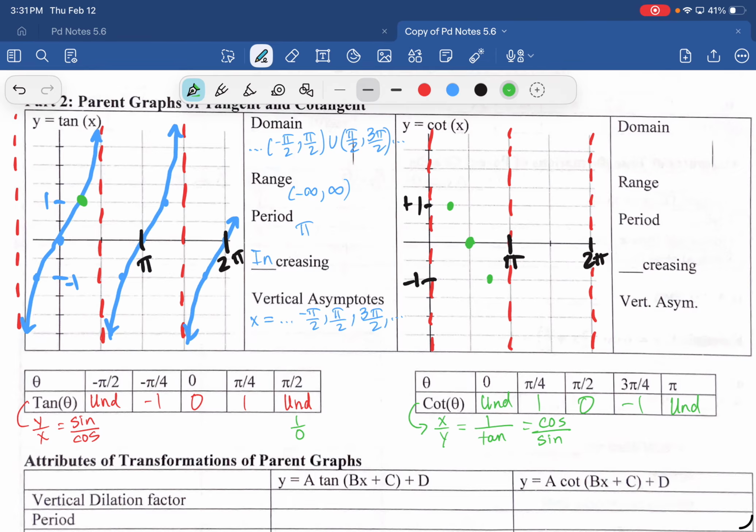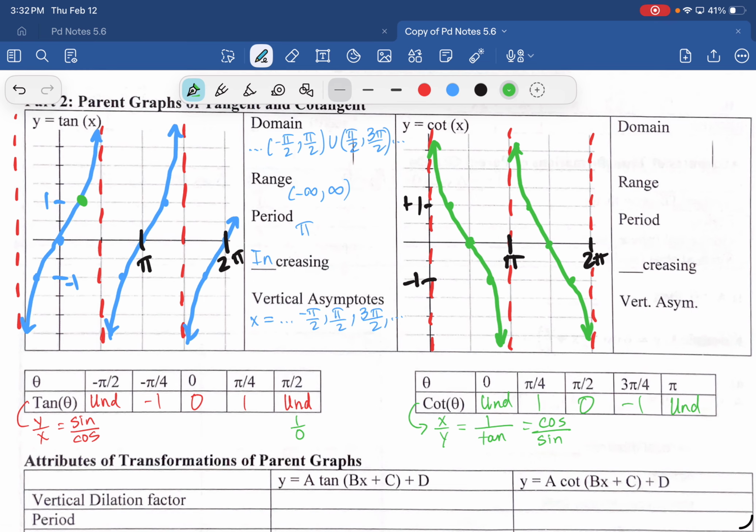If you do get a question in the form with that b factored out with the 2 sets of parentheses or parentheses and square brackets, then that horizontal shift or phase shift is just that c number when it's given to you in that form. And only if it's given to you in that form.